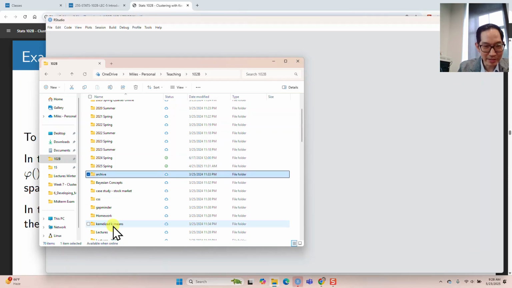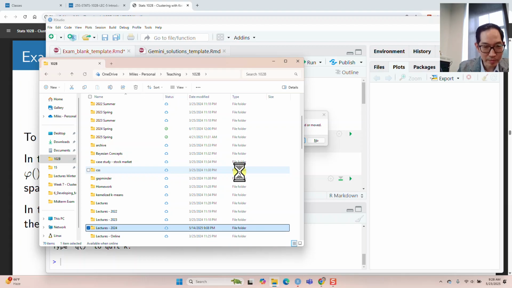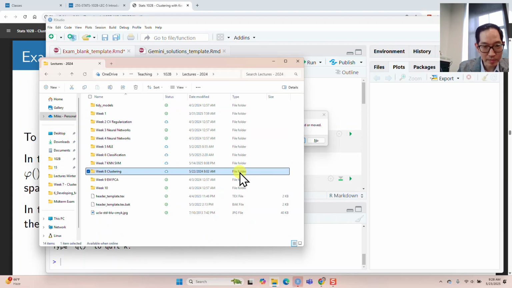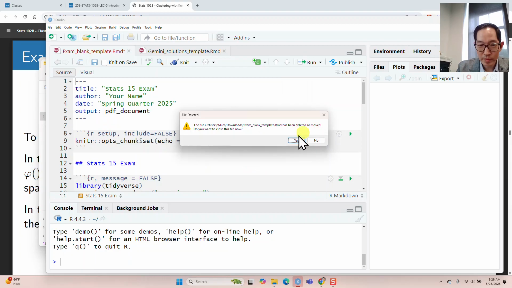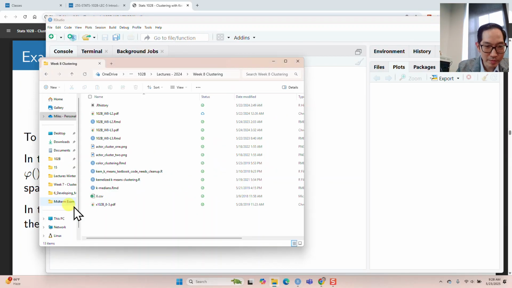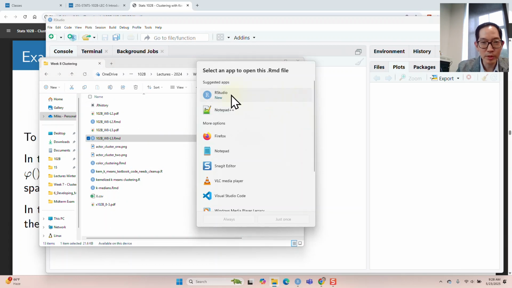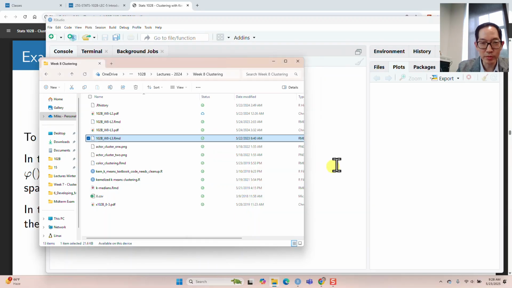Where did it go? Of course, always RStudio.